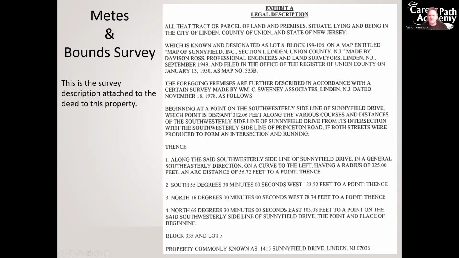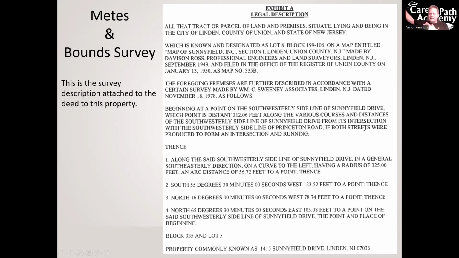But they're saying beginning at a point at the southwesterly side line of Sunnyfield Drive, which point is distant so many feet along the various courses and distances of the southwesterly side of Sunnyfield Drive from its intersection.